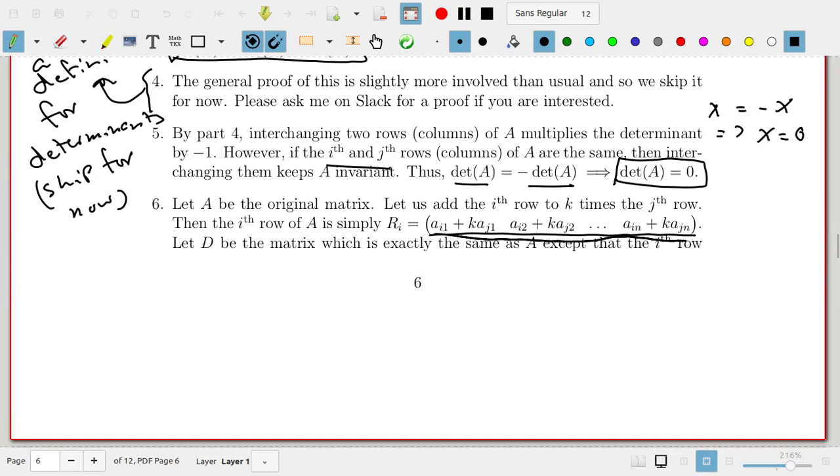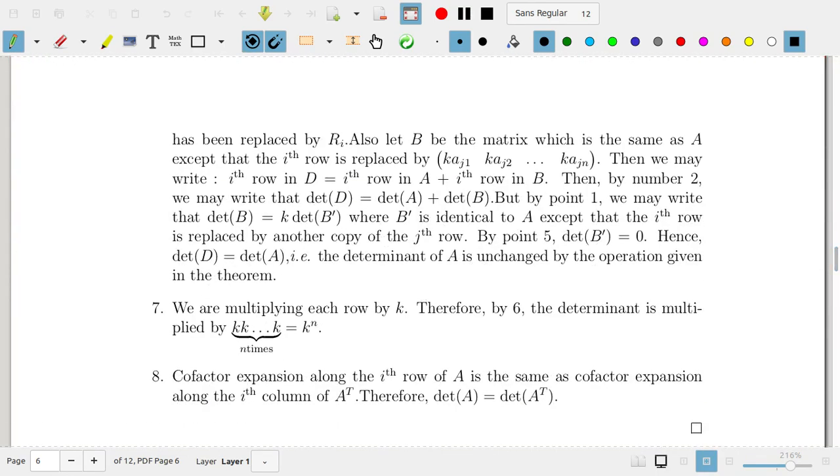Now let V be the matrix which is the same as A, except that the ith row has been replaced by this. Okay, so we can write that the ith row in D equals the ith row in A plus the ith row in V. Except for that, all the other rows are the same. Now notice something here.